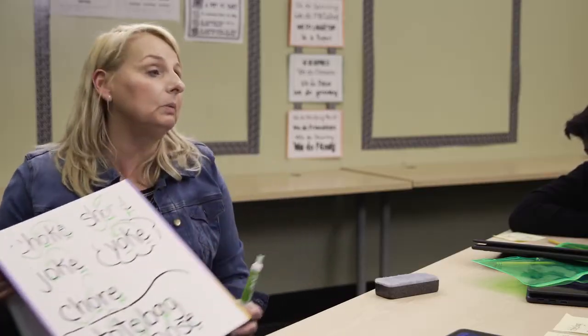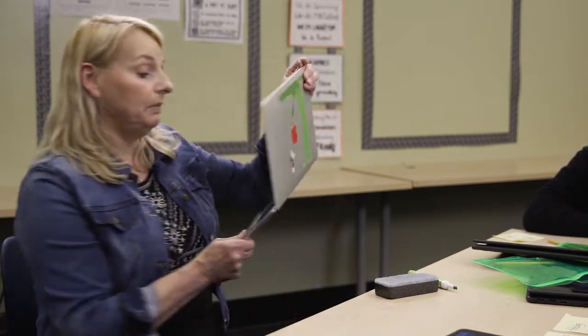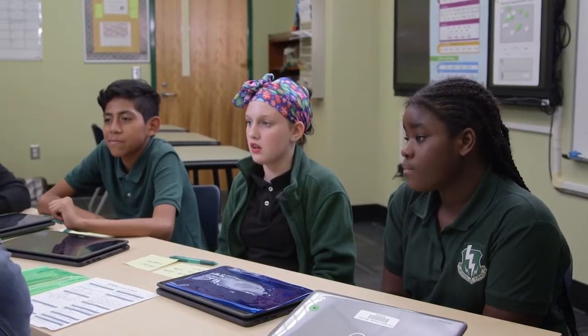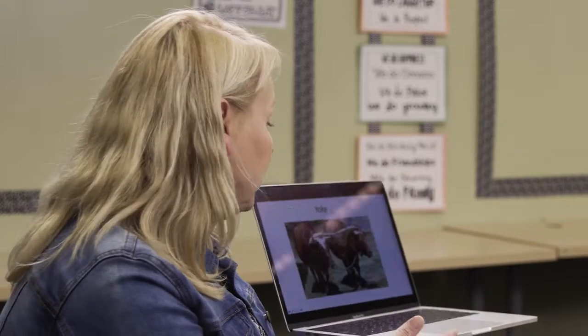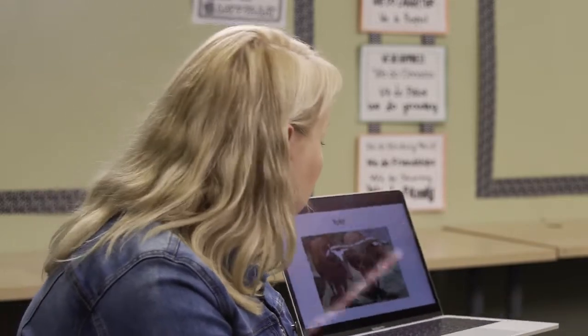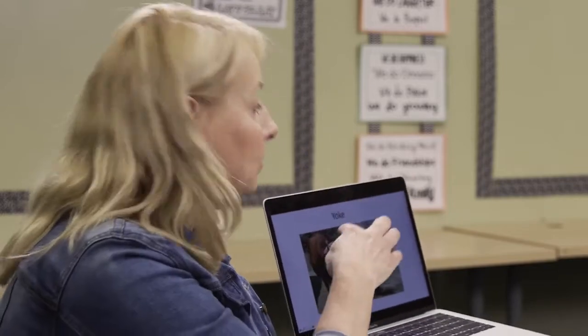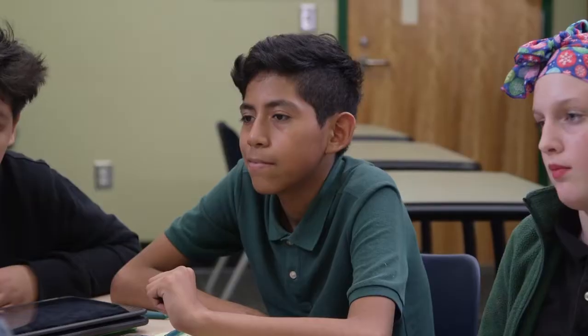Okay, what word are we going to look at the meanings of? What did I say? Which word? Yoke. Right. So I found some pictures. You're going to like these. The word yoke can mean a couple different things, and one, it's sort of an old-fashioned word. Before they had farm equipment, they would have the farm animals do the work, and they would put a yoke around them so they could attach. But you know what?